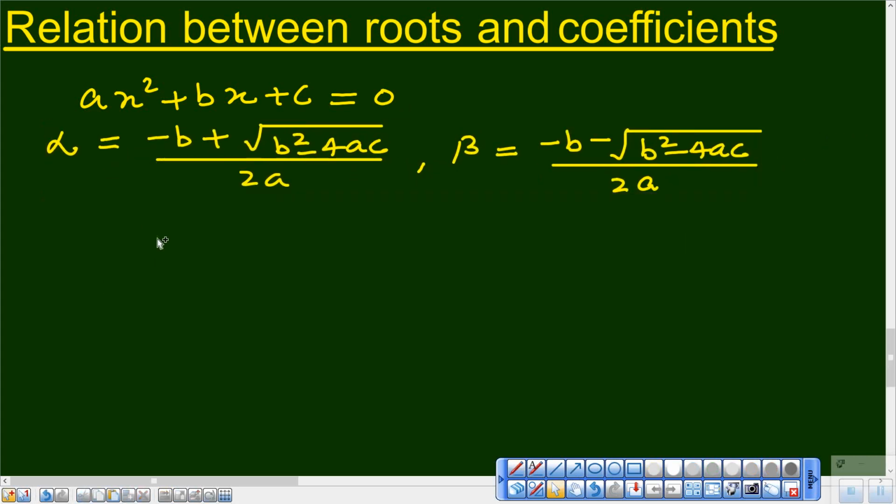So alpha is equal to minus b plus under root b square minus 4ac upon 2a, and beta is equal to minus b minus under root b square minus 4ac upon 2a. Right.